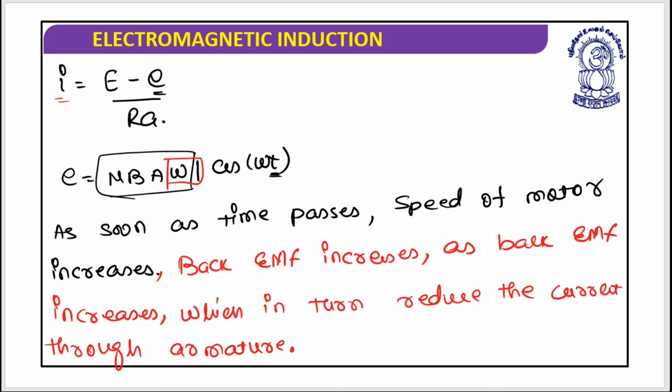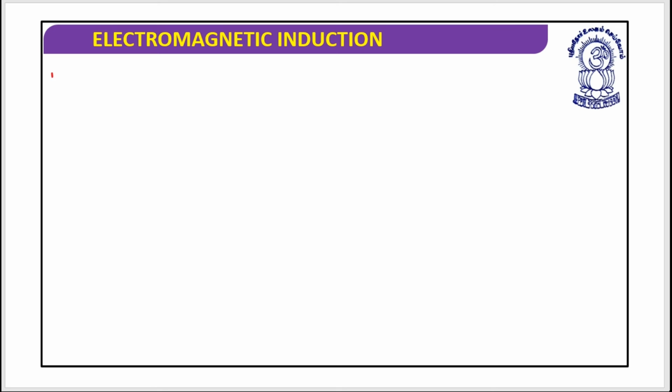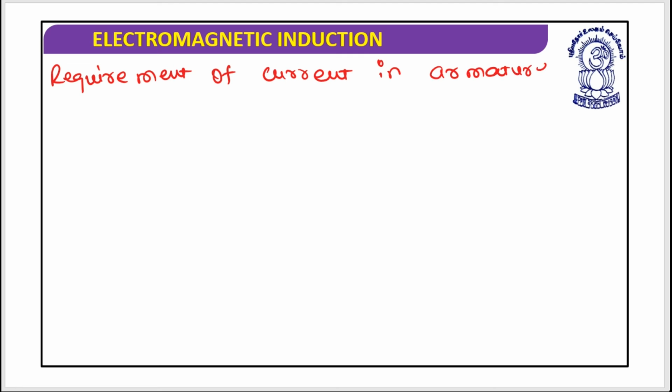So what is the situation? Let's suppose, you must understand this, a requirement of current in the armature is, let's say, 10 ampere. So initially, the requirement of current in the armature, according to you, was 10 ampere.